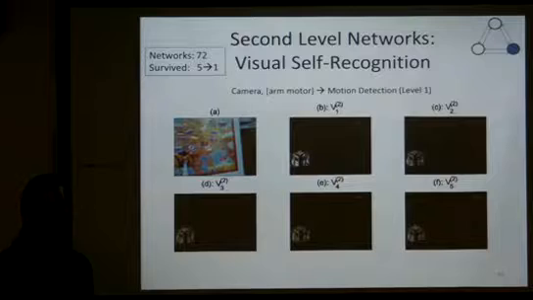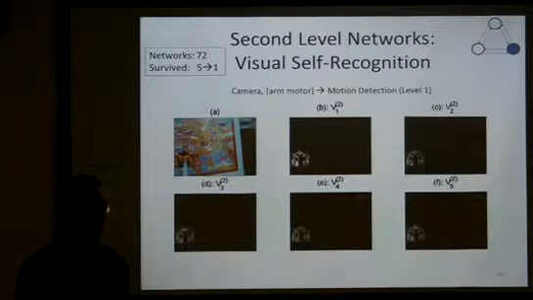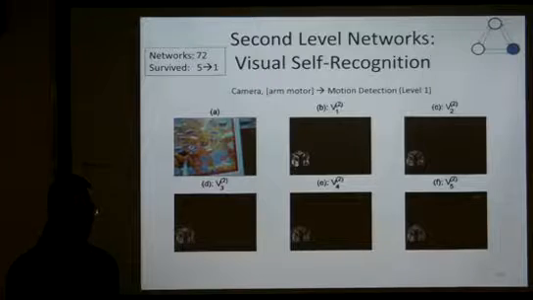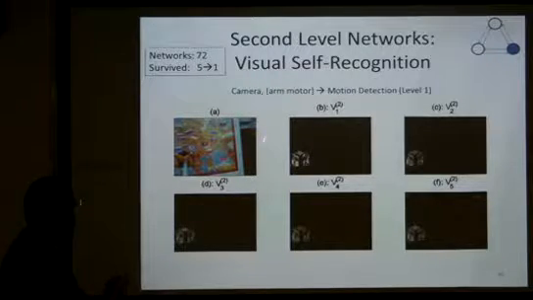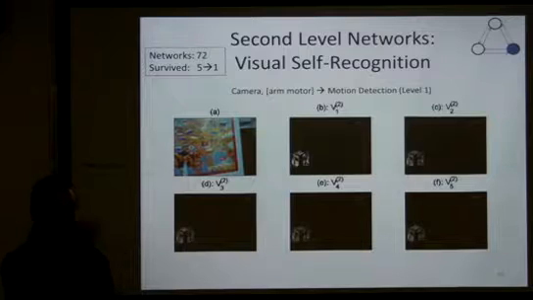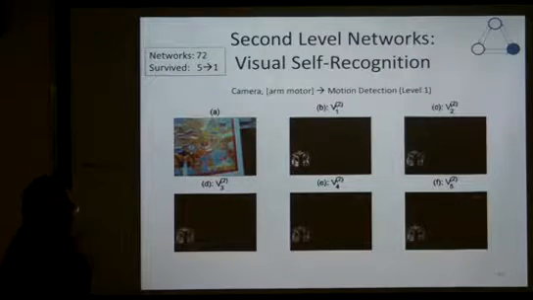I'm learning the correlation of me moving my arm and something moving in my visual field. This is visual self-recognition. So this is the input image. This is the arm. And you see 1 when there is an arm and 0 when there's no arm. Okay? So my robot learned to recognize how its own hand looks by moving the arm.